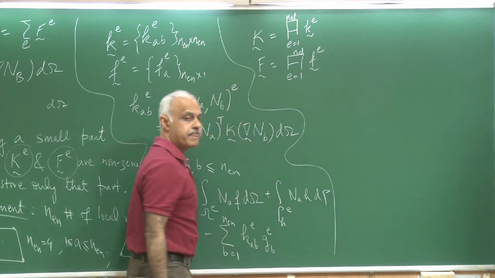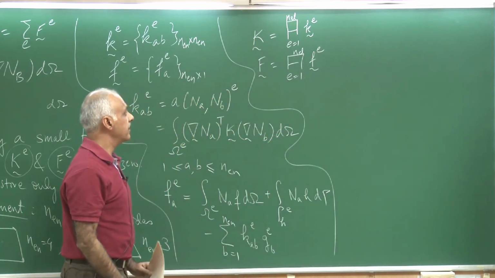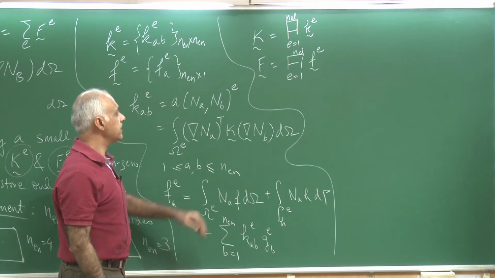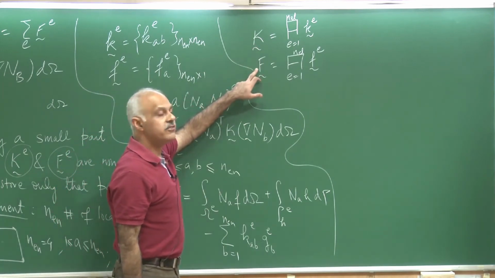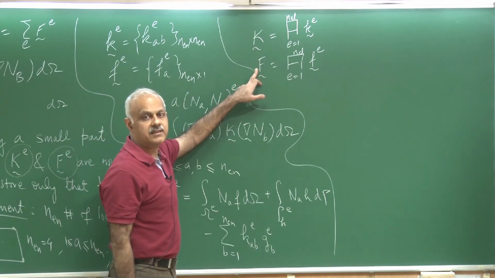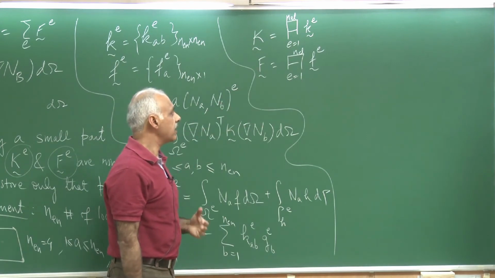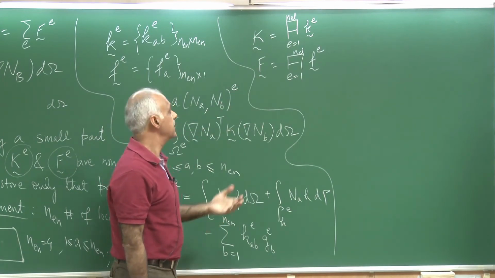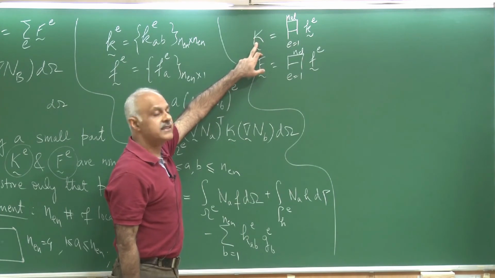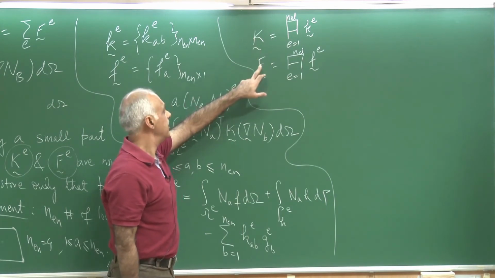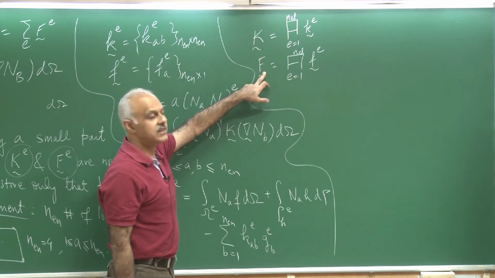Okay. So the point to be noticed is that K and F are at the equation level. If I have a total of NEQ equations, the size of the K matrix is NEQ by NEQ, and F has NEQ rows and of course one column.